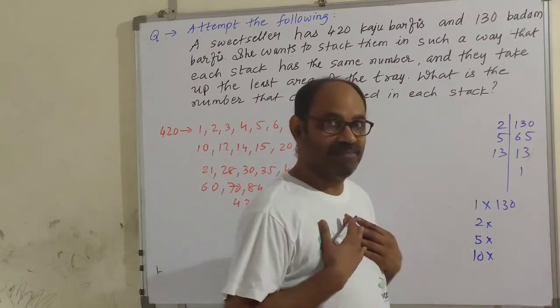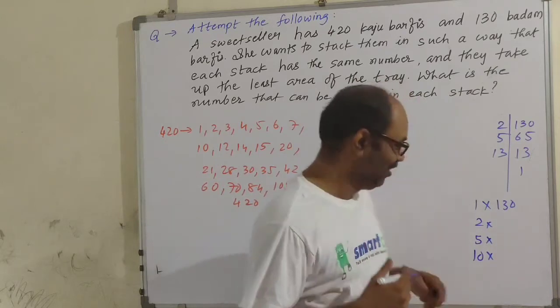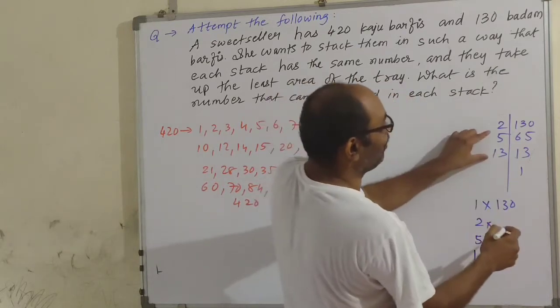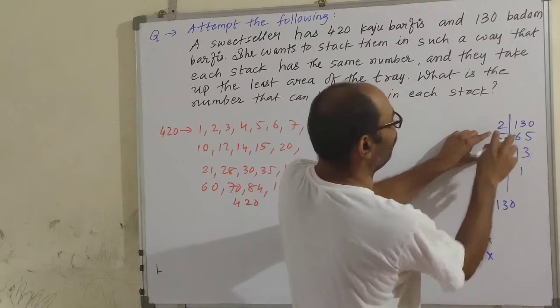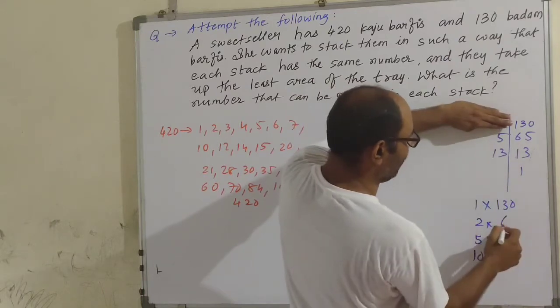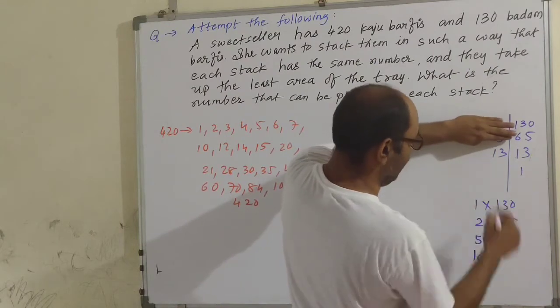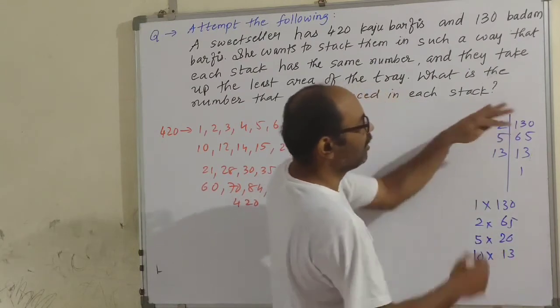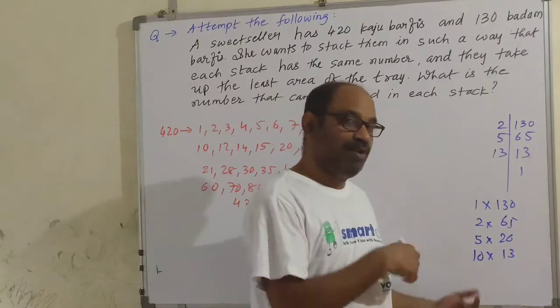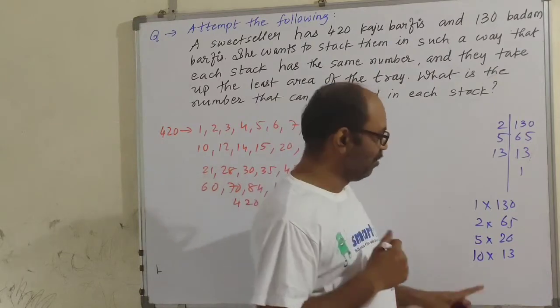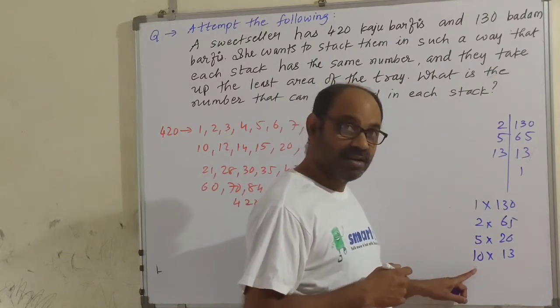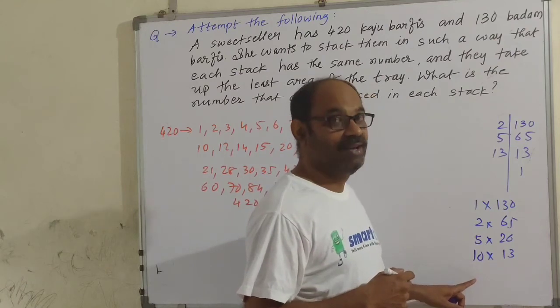Well, I have to take breath. Correct? Chaliye. 2 into what? If you hide 2, 13 5s are 65. Hide 5, 13 2s are 26. Hide 10, 10 into 13. Now you proceed further. You have taken a breath. Now you take, after 10 is 11.